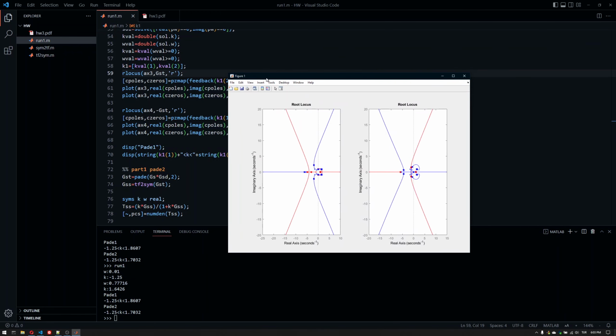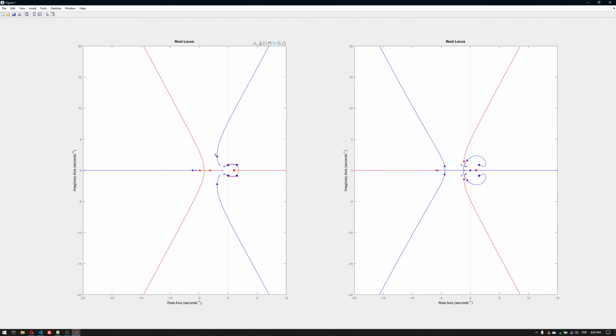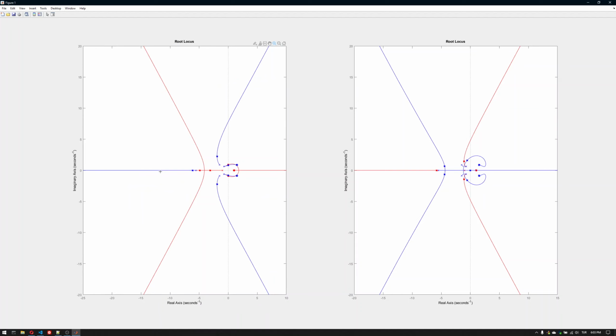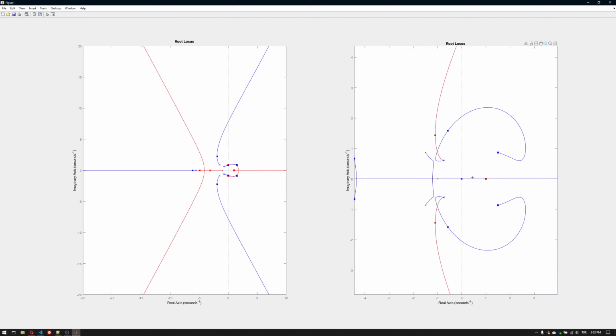You can see the root locus plots do change, and the positions where the root locuses go through the j omega axis slightly change, but keep in mind that neither this root locus nor this root locus belongs to the original system with delay. And you can see even here that we have interesting root locuses because we're adding a set of zeros to the right half plane and a set of poles to the left half plane.